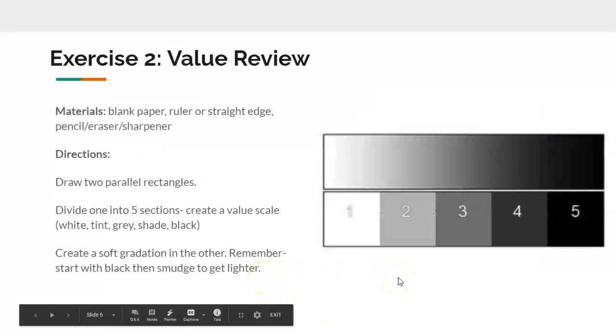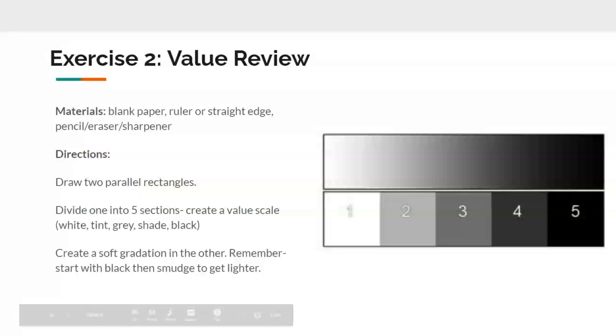So for this exercise, you have done this before, and you're going to do it again, because that's what exercises are, repetition so that you get better. Do 2 parallel rectangles. Try to make them at least 5 inches long. Divide one into 5 sections and create a value scale that starts at white, tint, gray, shade, and black.